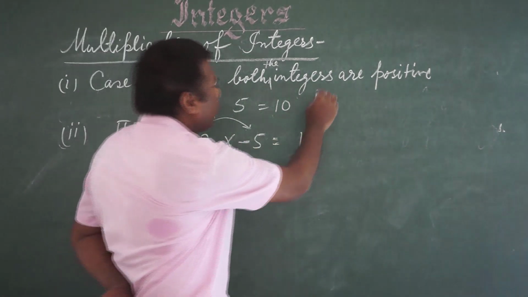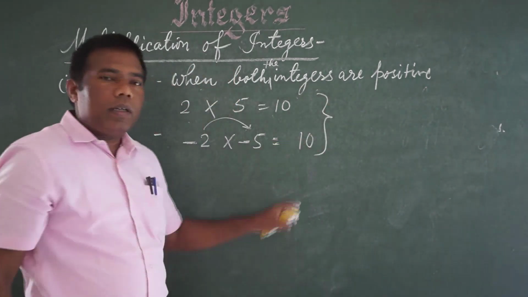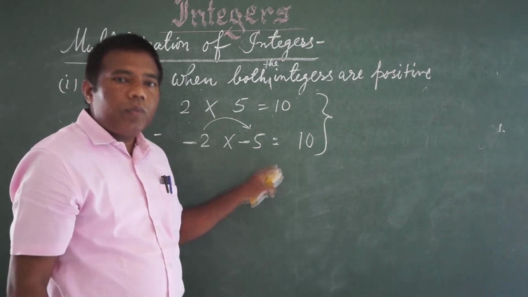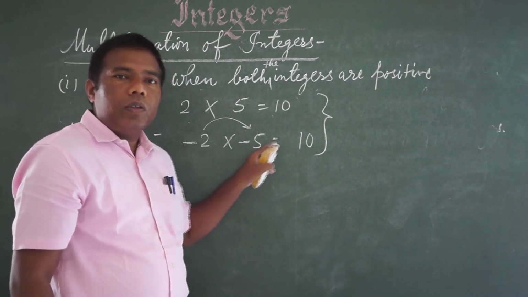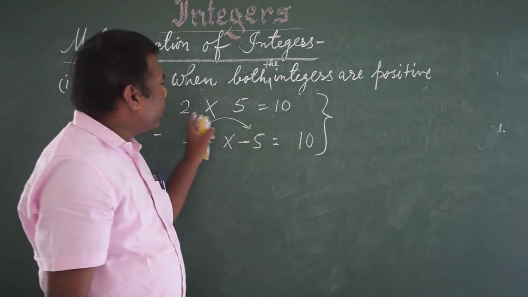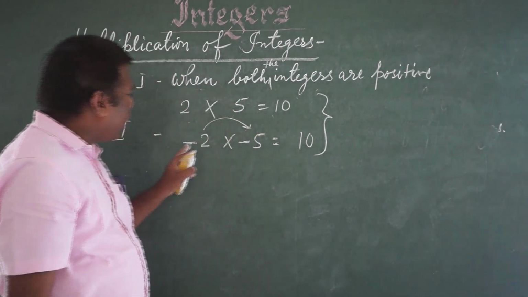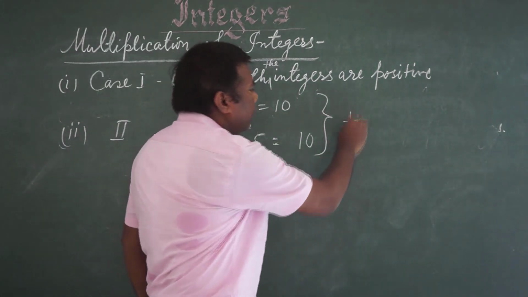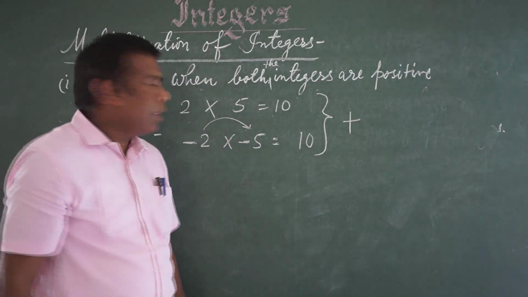So what we concluded? We concluded if you are multiplying numbers with the same sign, either positive and positive or negative and negative, you simply multiply and the sign will be positive.